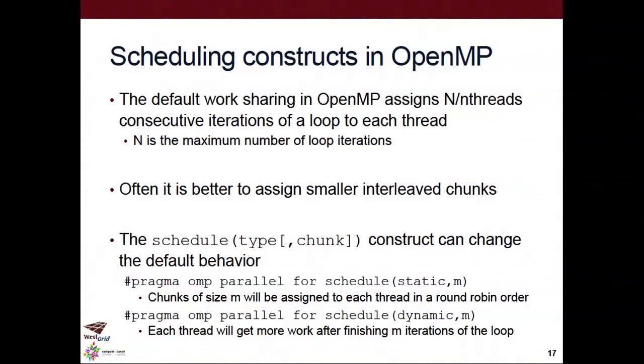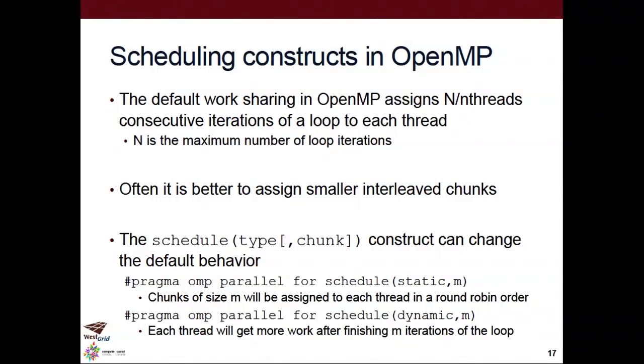In static, the compiler assigns different chunks to different threads in a round-robin fashion. So thread 0, the first thread, will get the first 2500, then the second 2500, a third, and fourth. So it knows which chunks it's going to work on.